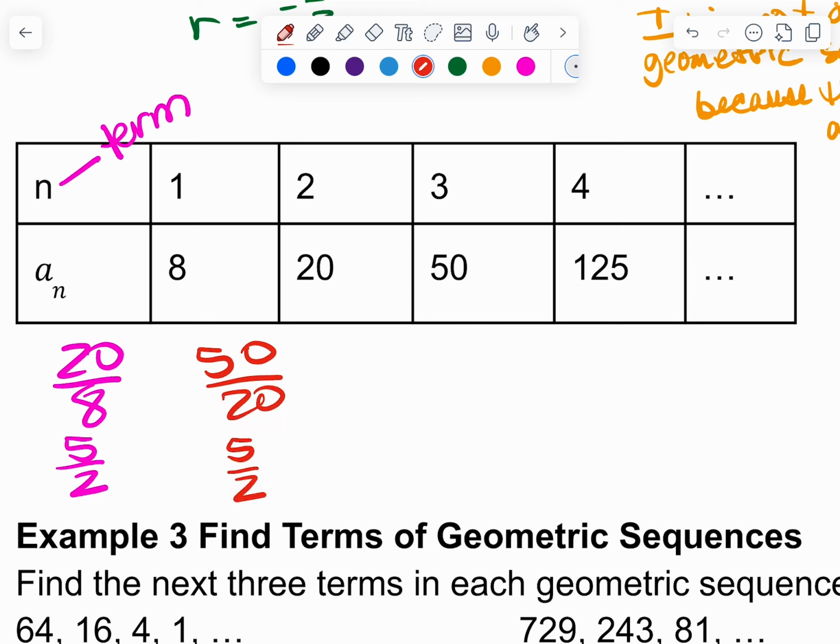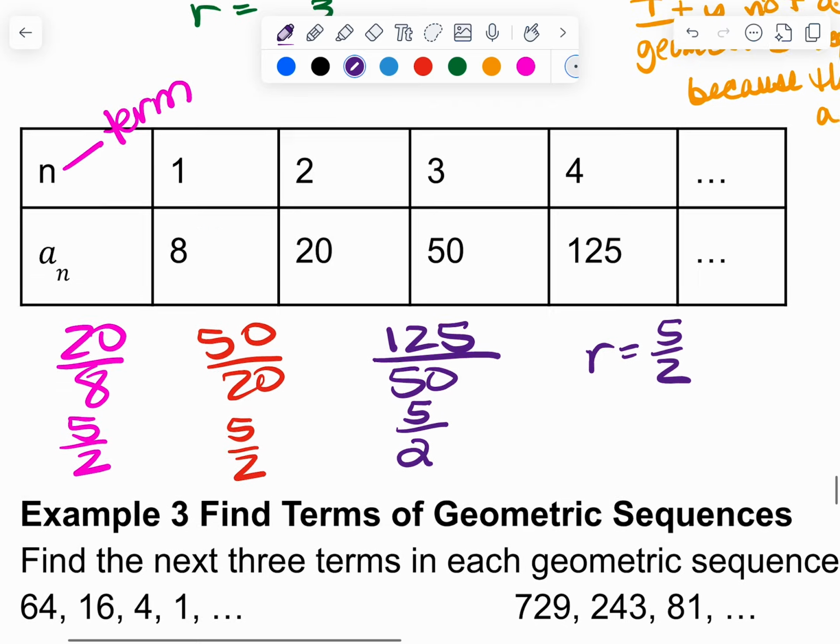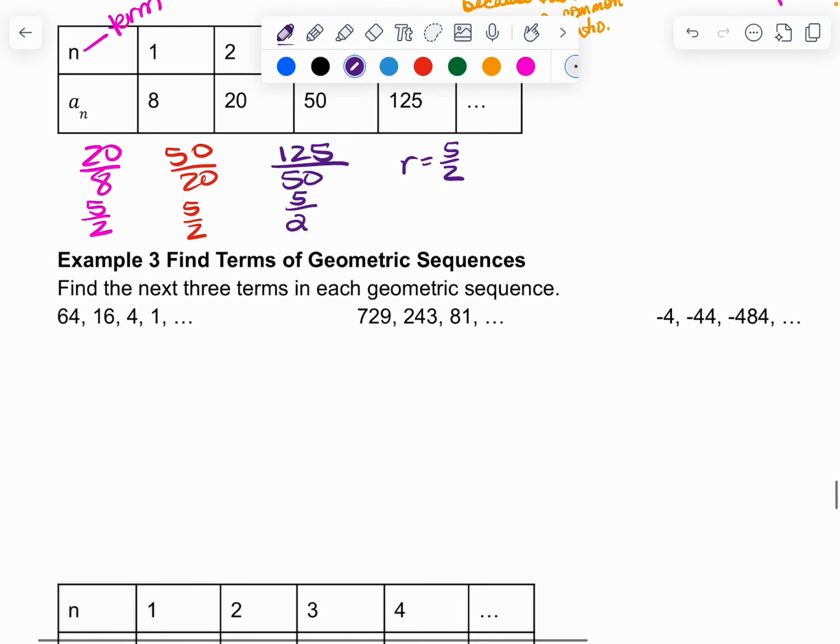And you always want to do all of them because sometimes it doesn't work. 125 over 50, 25 goes into the top one 5 times, 25 goes into that one. It does work, so the ratio is 5 over 2. You do have to be careful.